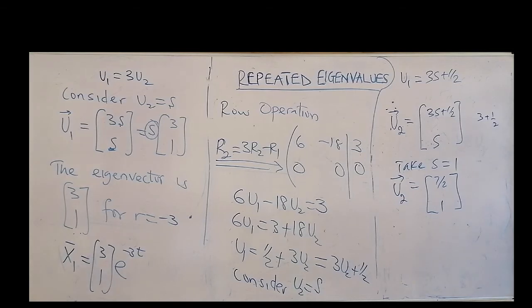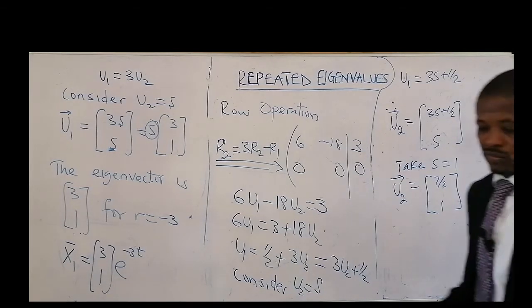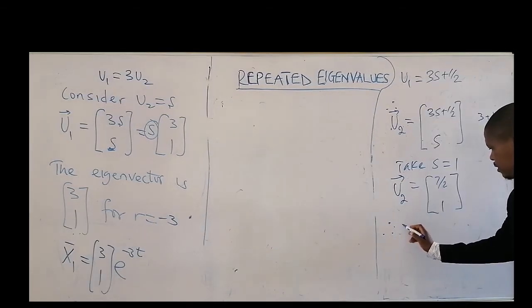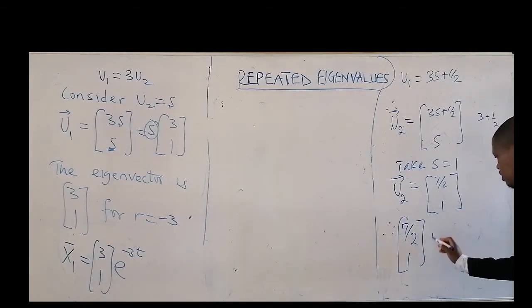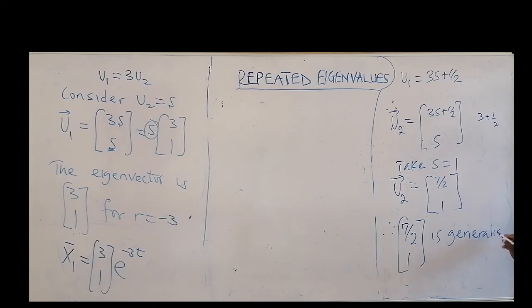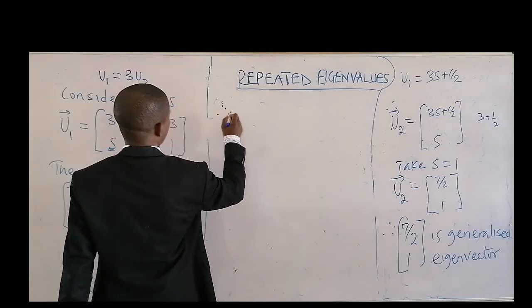Okay, so therefore this one, 7 over 2, 1, is the generalized eigenvector. So we now have the solution.